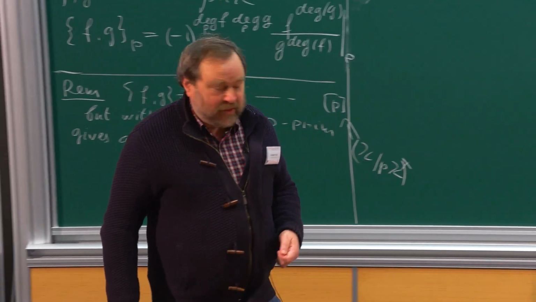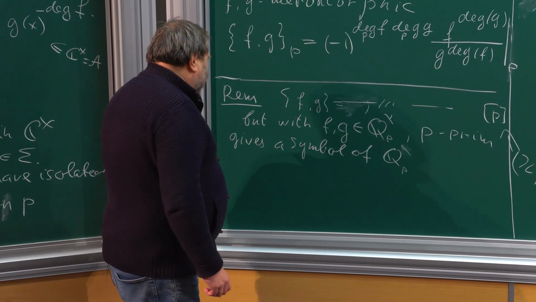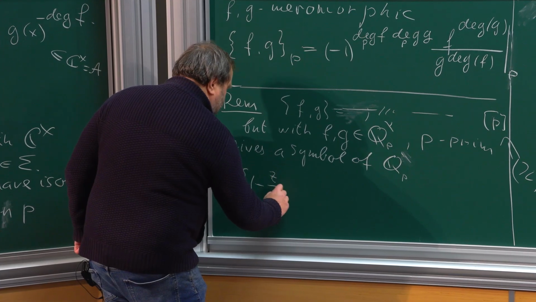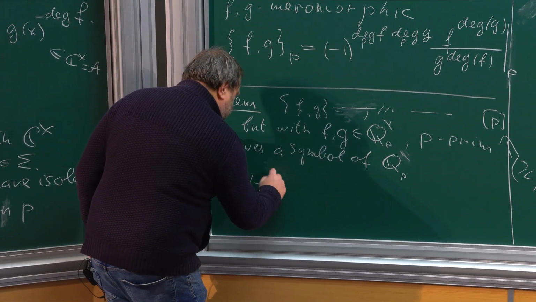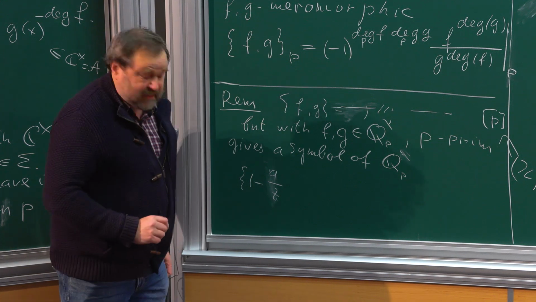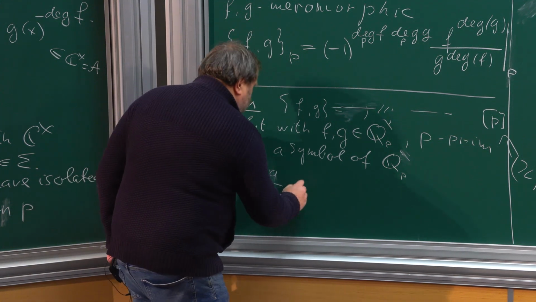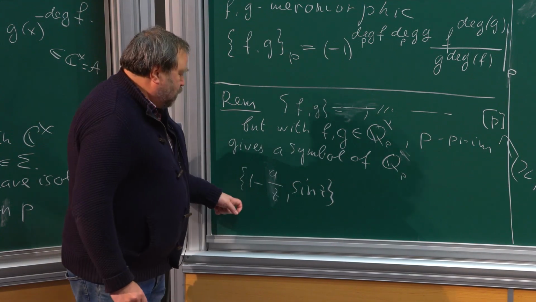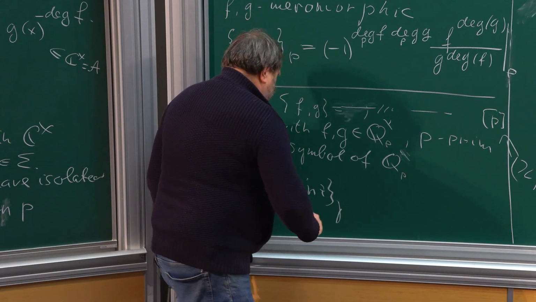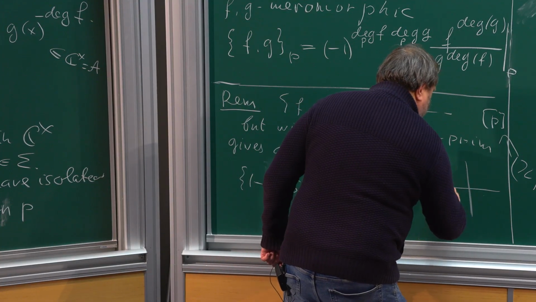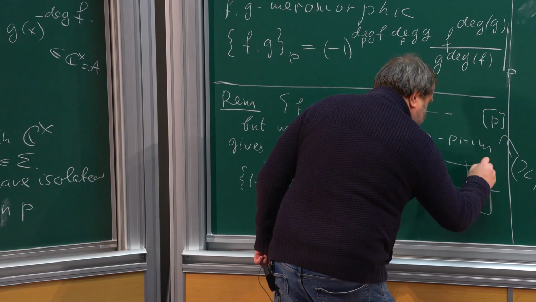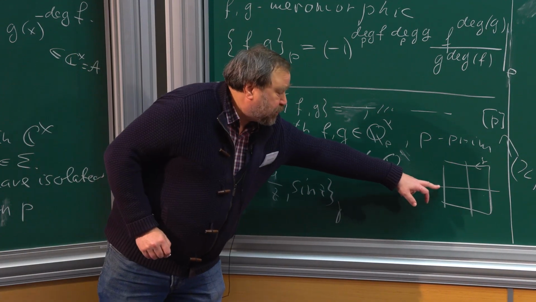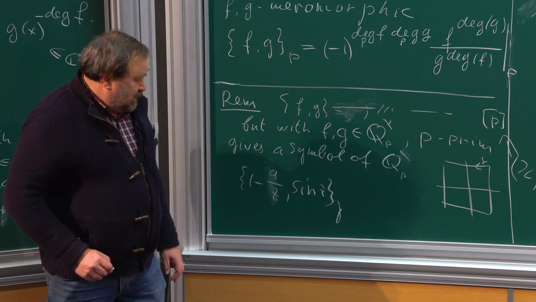For example, as an exercise, compute the symbol of 1 minus z over a, and sine of z, taking for gamma a large rectangle which doesn't pass through zeros of sine.